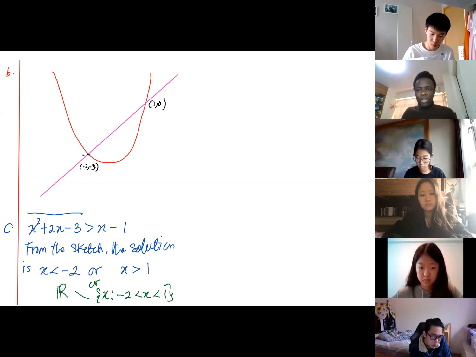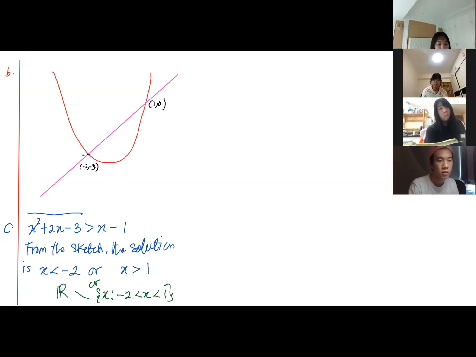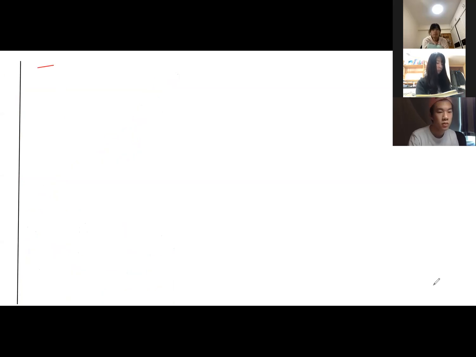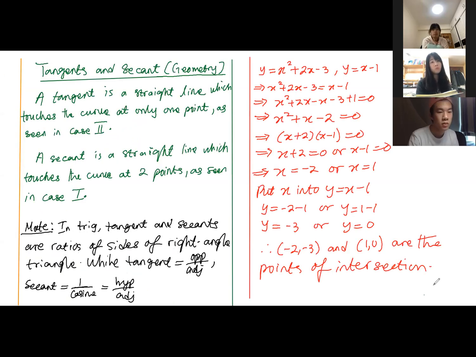Range and domain, very good. So when we learned range and domain, we use this notation, right? So you can say everything in R except this set. And that is the same as this. Does this make sense, please? Okay, so I'll send you the picture. So this is the A part of the question.